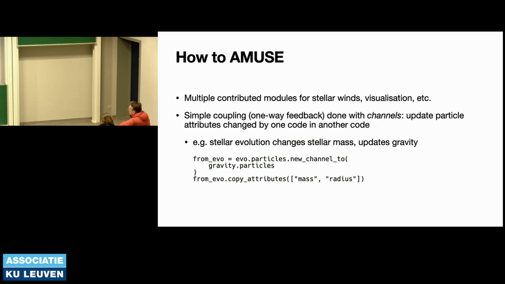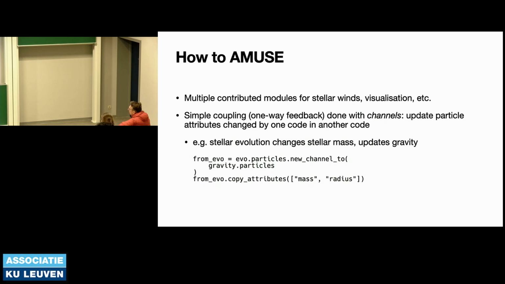And one thing that we also do, and that's very important, is that we have coupling between codes. The simple version of that is done with channels. So a channel is something that says, okay, these are the particles in my code, and these are the same particles in AMUSE, and synchronize them. So copy all the values from the code to AMUSE or back, or from one code to another or back.